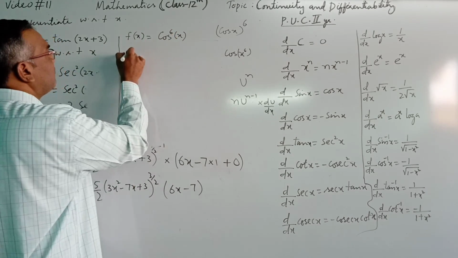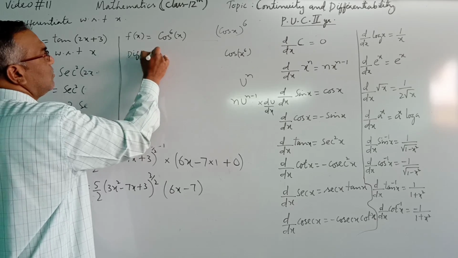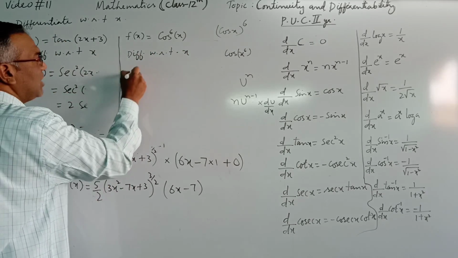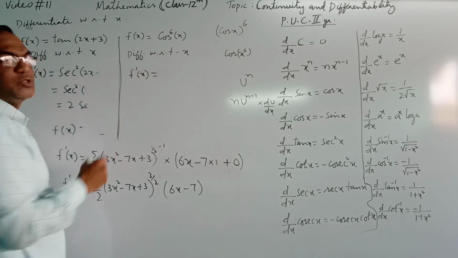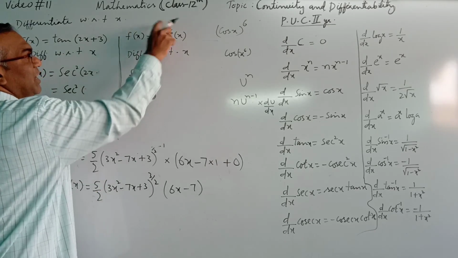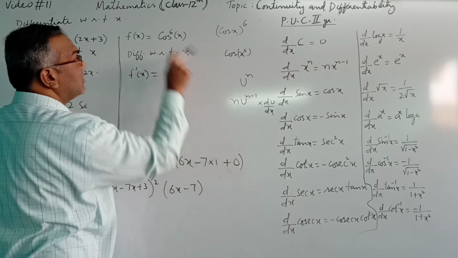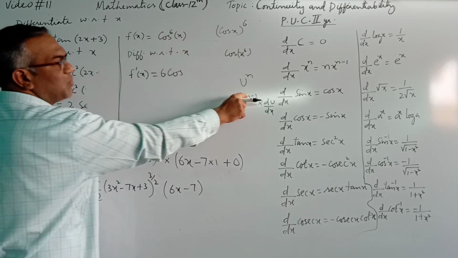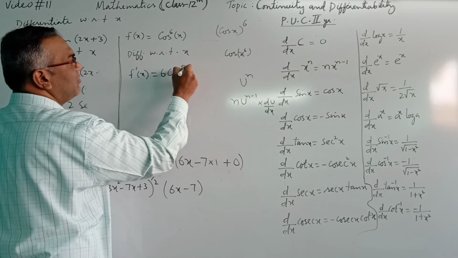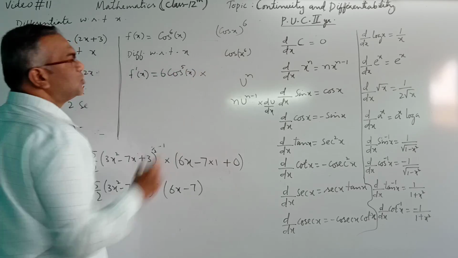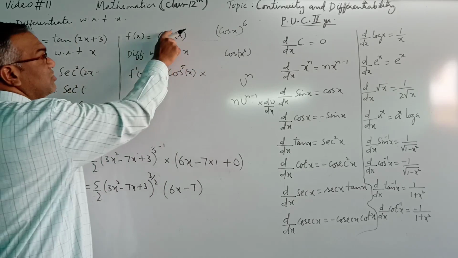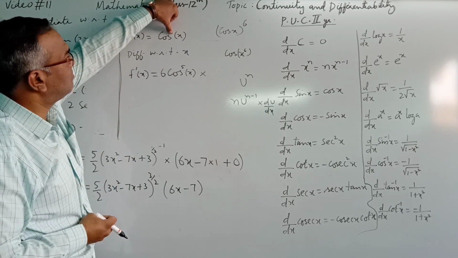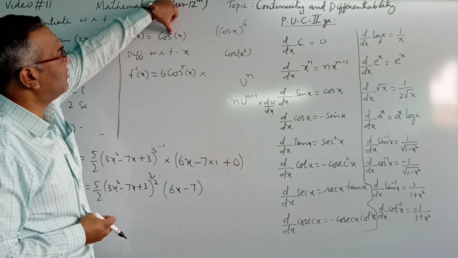So first you write, differentiate with respect to x. f dash of x will be equal to, this 6 will multiply here, just like n multiplied here. 6 cos to the power of 6 minus 1, n minus 1, 6 minus 1, 5 x into, then we have to, this is the differentiation of the power. Differentiation of the power is over. We differentiated the power, you see? Now what is left?